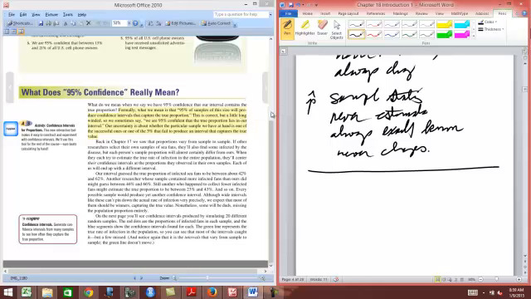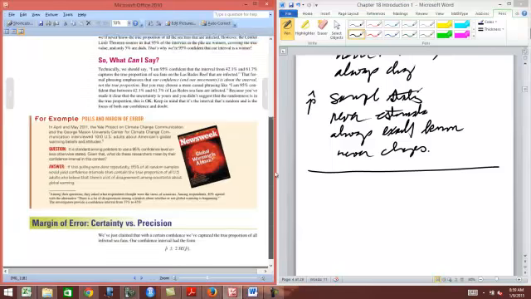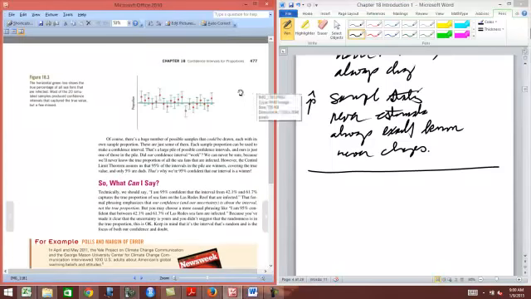Now, on the next page, they're going to show 20 confidence intervals. This is a very interesting picture. The green horizontal line here is truth. And here are the 20 intervals, and the little red dots are the p hats.